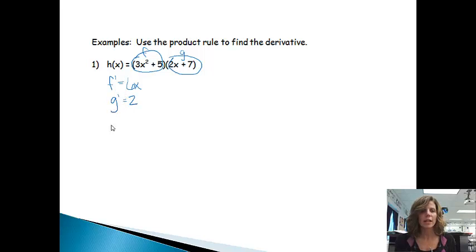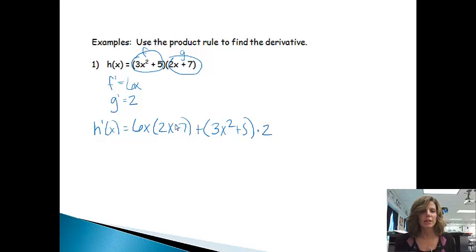Once you've identified that, it's just plugging into a formula. We're going to find the derivative of h, and we'll do that with f prime times g, so 6x times 2x plus 7, plus f times g prime, so 3x squared plus 5 times 2.